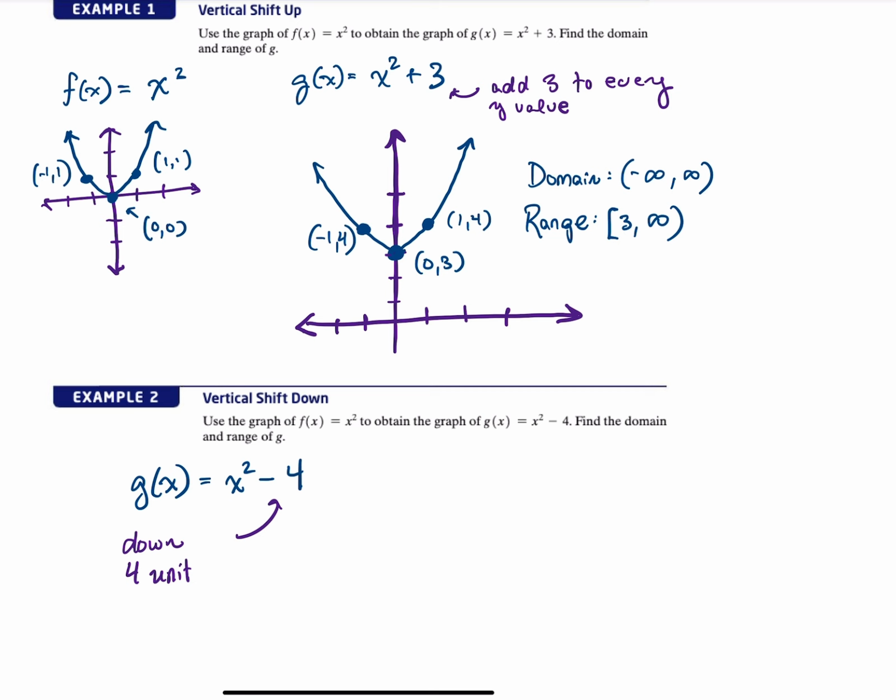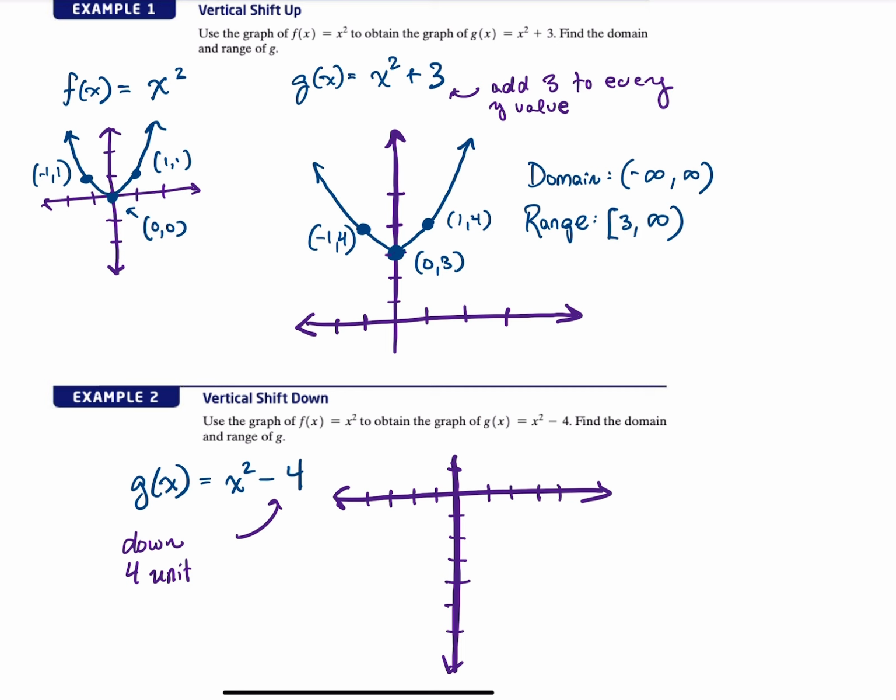So we still have the graph up here, so we can reference that. Let's just jump straight to the graph of g of x. So it's going down, so let me make some space down here. So if we're starting at this graph and we're going down 4 units, then I would expect the vertex to be, it starts at the origin, so it will shift down 2, 3, 4 units.